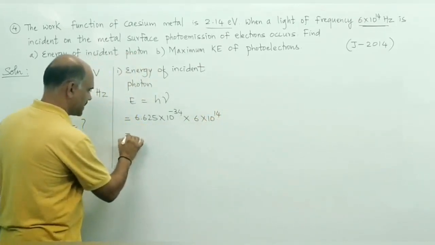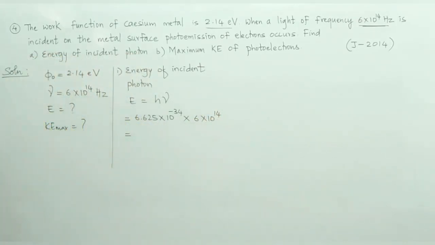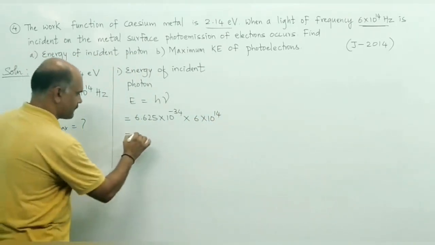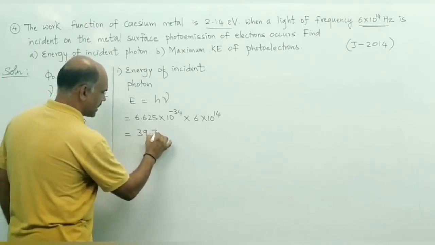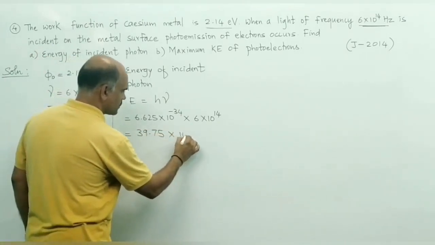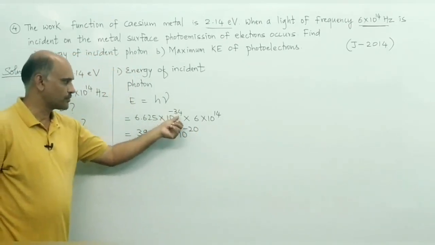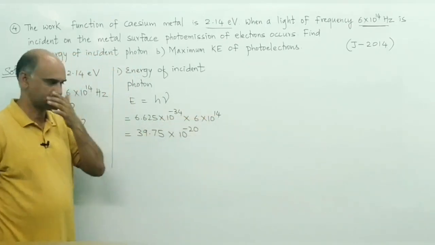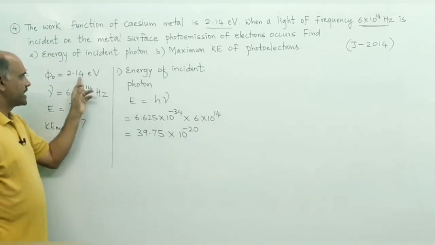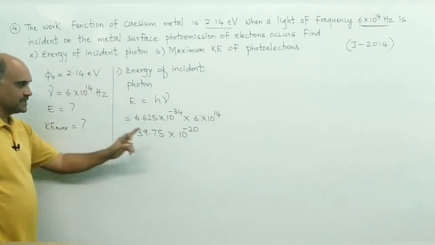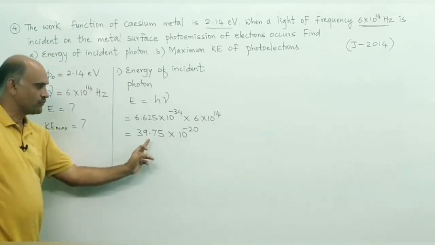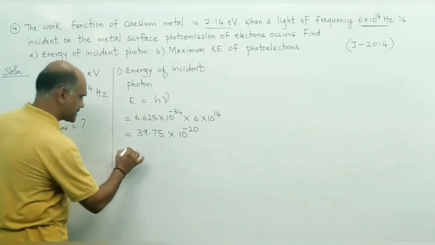So if you multiply both, use a calculator and simplify, you will get 39.75 into 10 raised to minus 20. Minus 34 plus 14 will be minus 20. As this is in electron volt, I will shift 1 point, I will make it as minus 19.